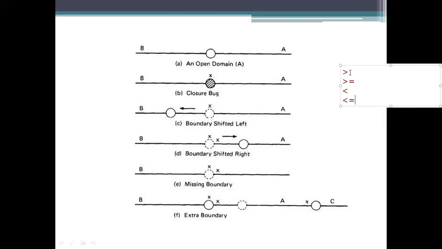Coming to the next representation, which is the closure bug. Here we mark it with an X. What it represents is that at this point we need to specify a test. We need to check for A and also for B in this representation.